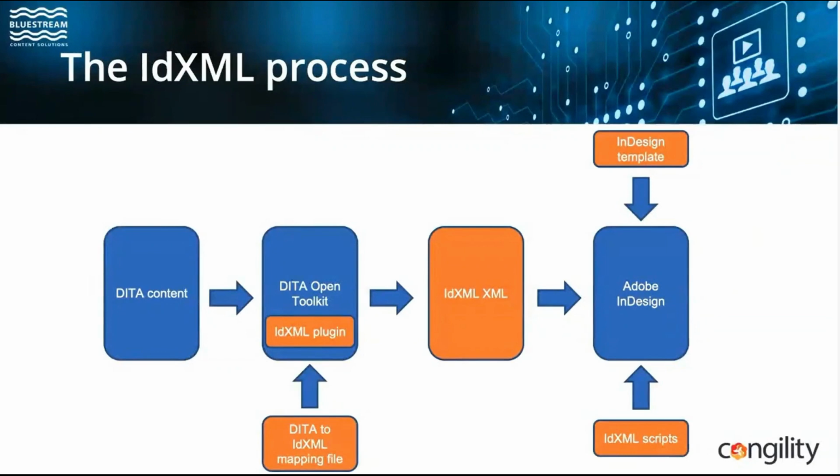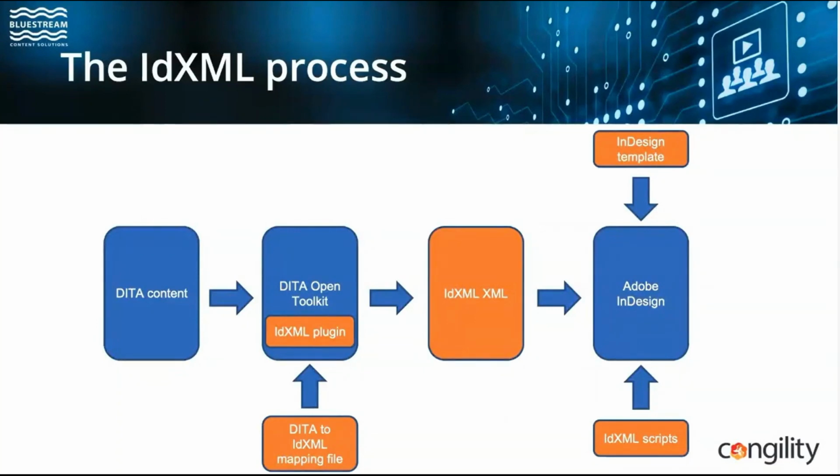If we look at the overview of the process that IdXML follows, DITA XML is hierarchical and it's not really appropriate for import to InDesign. So what IdXML does is it uses a mapping file which focuses on DITA's semantic richness, DITA's semantic tagging, and it maps that to typographic look and feel within InDesign.